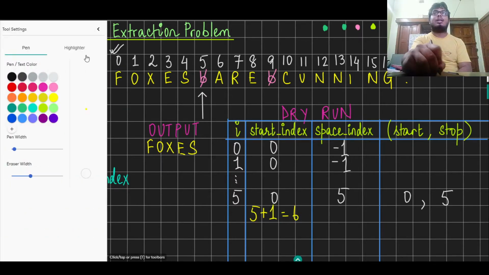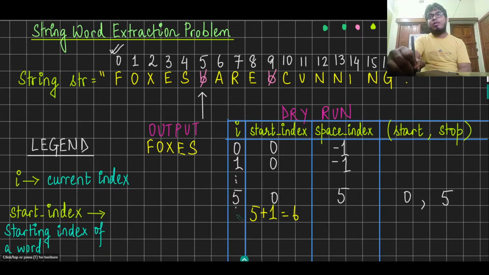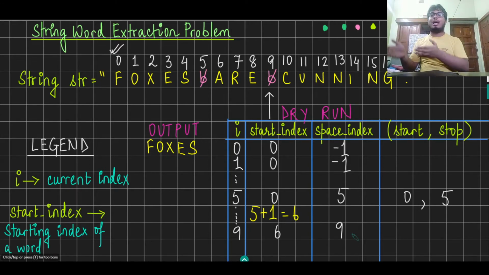Now, similarly, i would again be incremented until a space character is found. And when a space character is found, i is at the index 9, the start index is still 6, and the space index is 9. Now, from where should I extract the word? What are the start and the stop indexes? Well, that's 6 and 9, isn't it? And therefore, the word are is extracted.